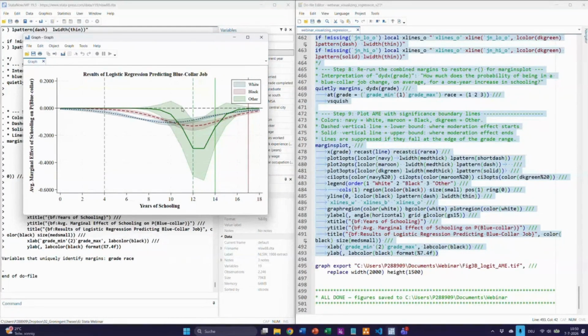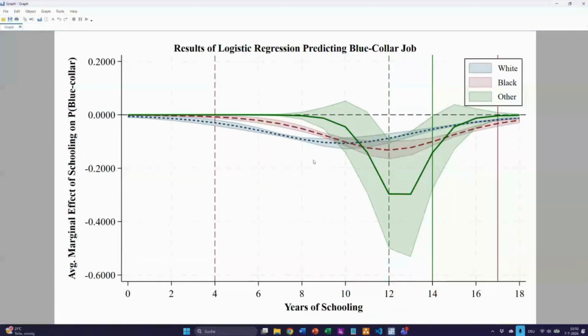That's why this is probably not yet significant, but at year 12, that's when the significance starts, and it goes to school year 14. That's again when also the confidence interval overlaps with the respective horizontal null line against which I'm testing this statistical significance.